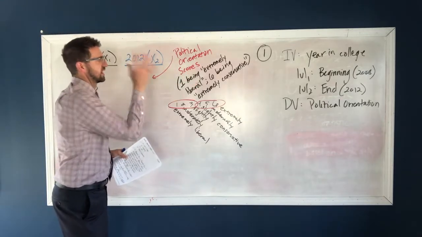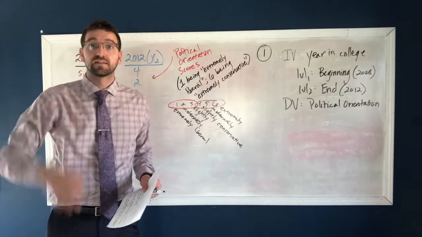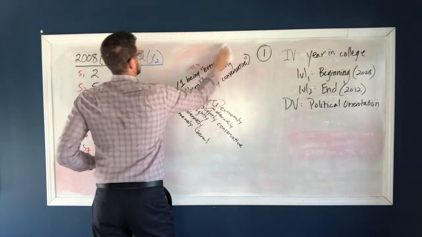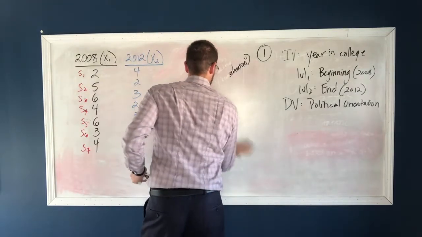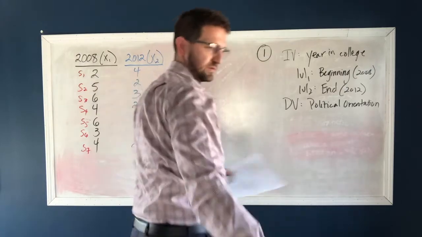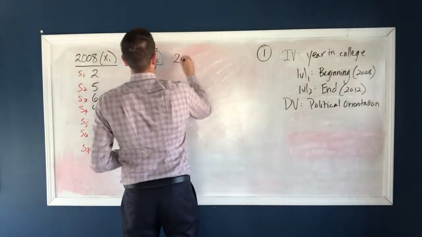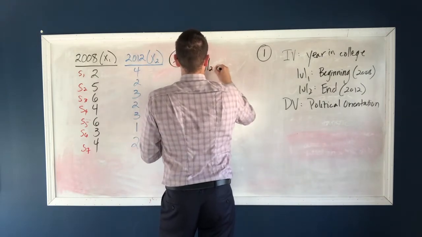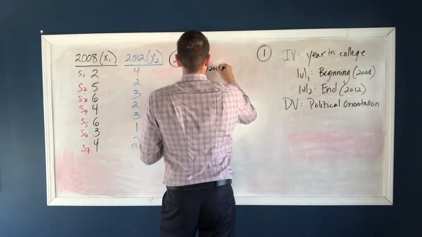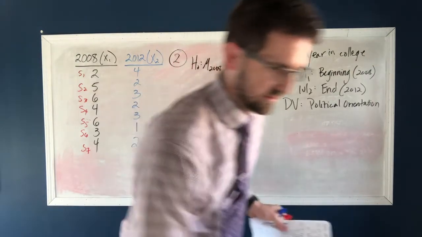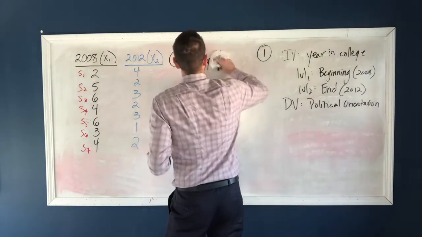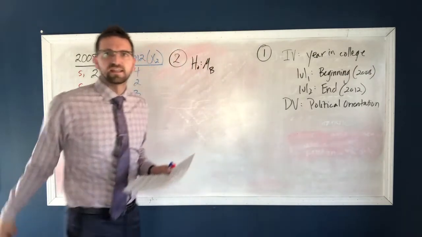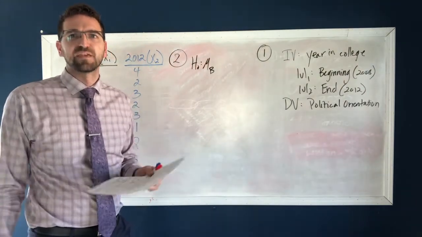Now commit this to memory. I'm going to erase it so I can write down the null and alternative hypotheses. I'm going to shortcut it here. In my notes I say mu beginning, but I'm just going to say mu b.